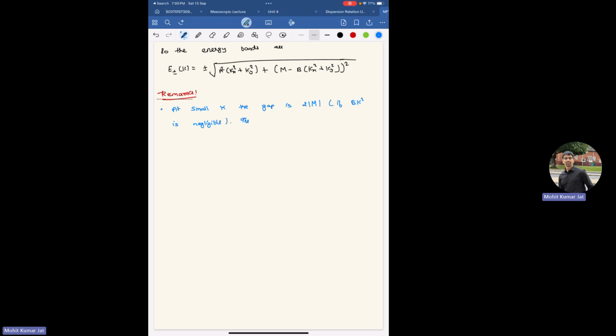And the sign of M determines the band ordering at the gamma point.